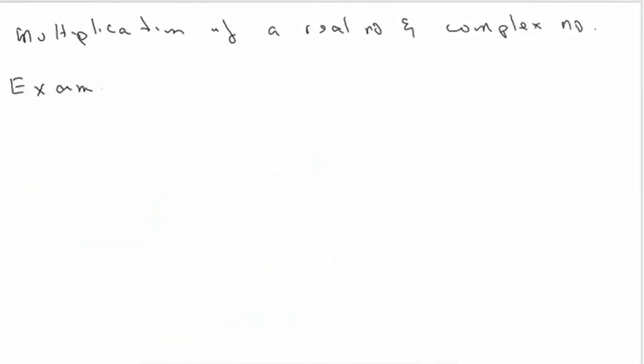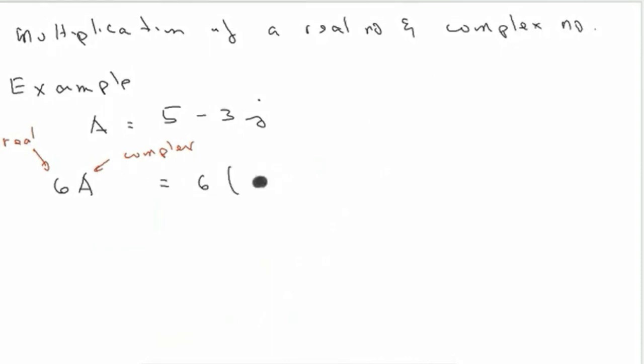Example, if A, for example, is 5 minus 3j, when you say real number and a complex number, you're talking about something like this, 6A. So what is 6A? 6 is the real number and A is the complex number. So 6A is actually equal to 6 multiplied by 5 minus 3j.